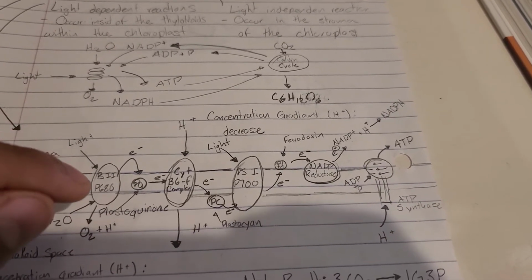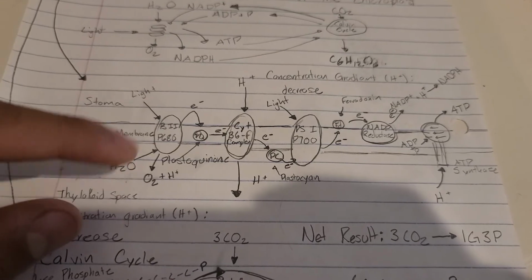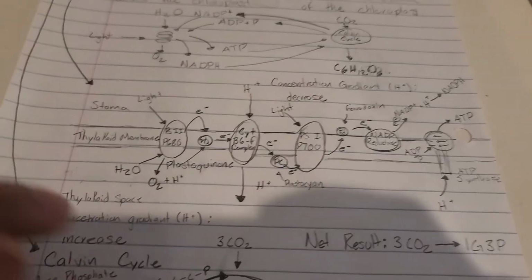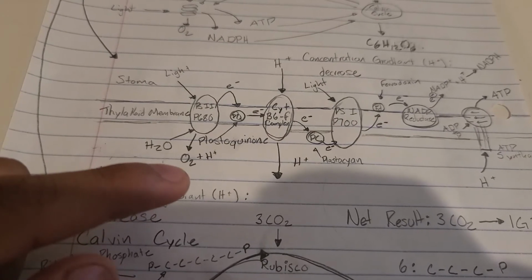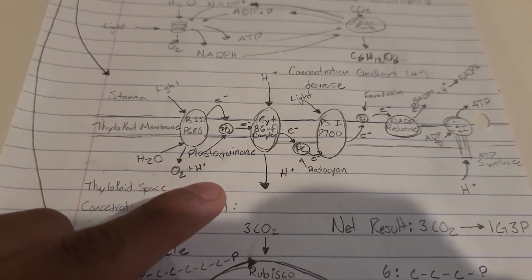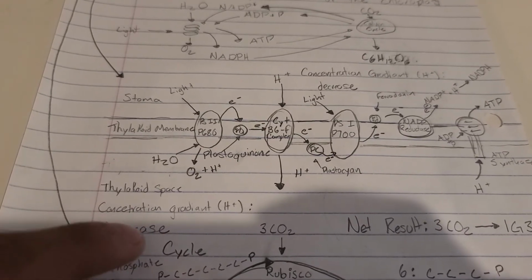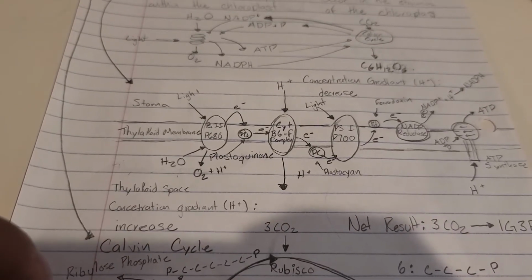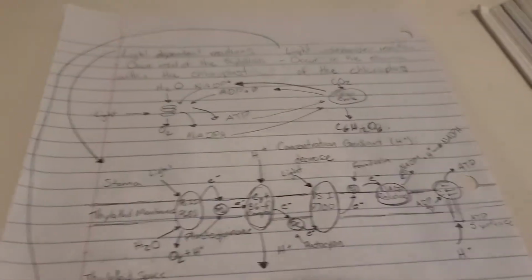It hits and excites electrons, splits water, and breaks it down to O2 plus hydrogen ions. This creates a higher concentration gradient of hydrogen inside of the thylakoid space and a decrease in the stroma on the outside of the chloroplast.